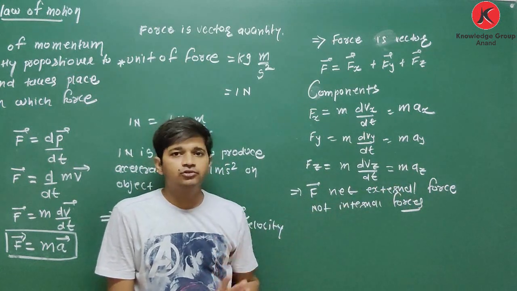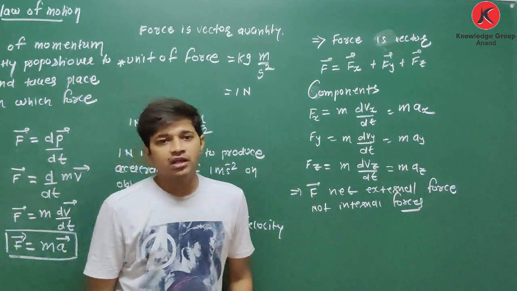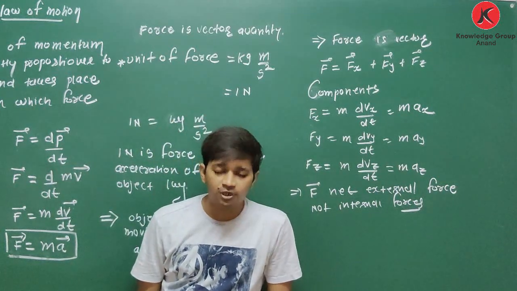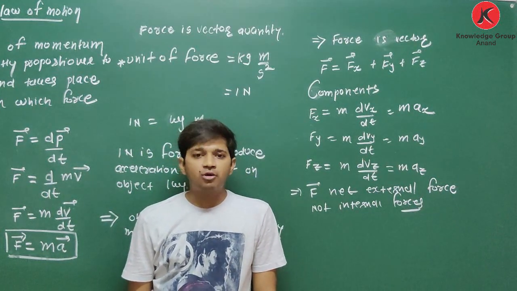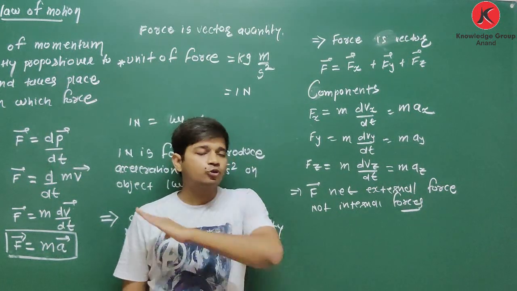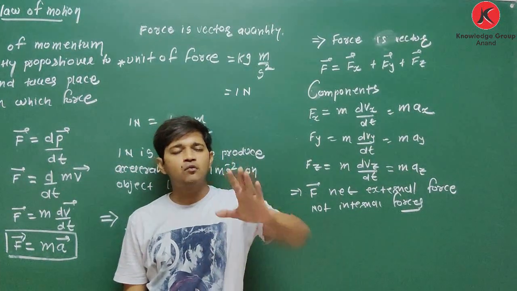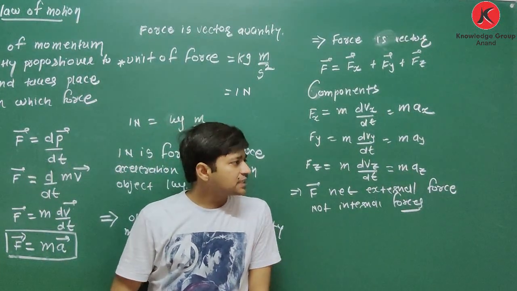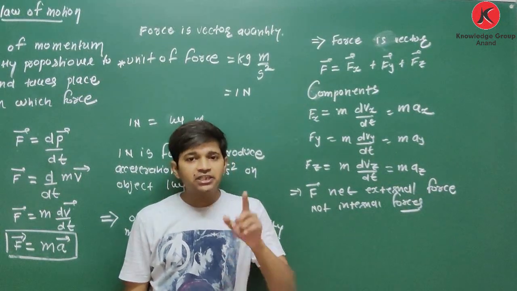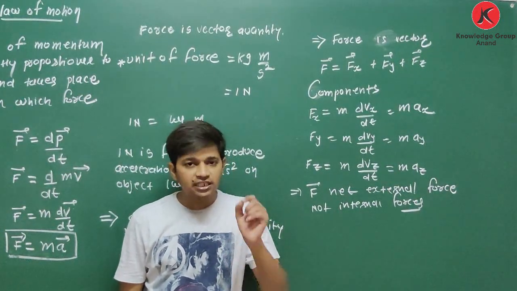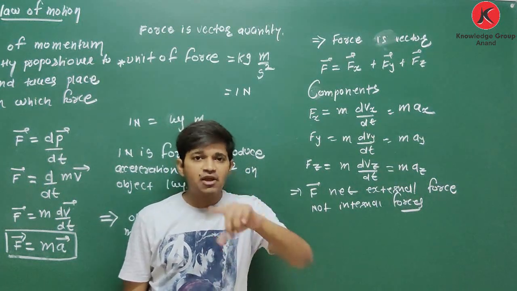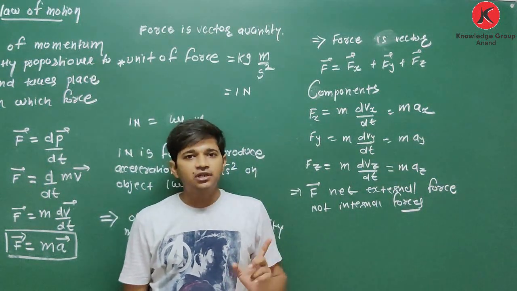And for a rigid body, what is a rigid body? Which cannot be deformed. It means the distance between any two consecutive particles remains always constant. So for a rigid body, force or acceleration of each and every particle is the same. Clear about this?